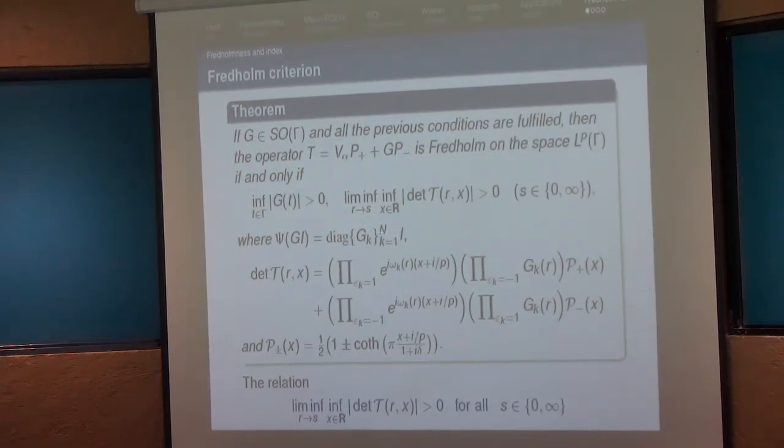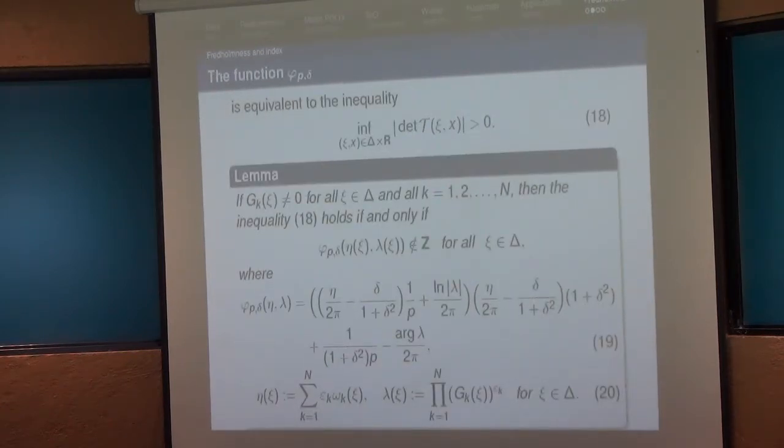So psi of gamma is a multiplication operator as a diagonal matrix with values in each entry, but these functions are slowly oscillating functions. This object is calculated by the following formula, where p plus minus is given here. So this condition is equivalent to a condition of that form, where we have the infimum only on the vertical parts of the rectangle.